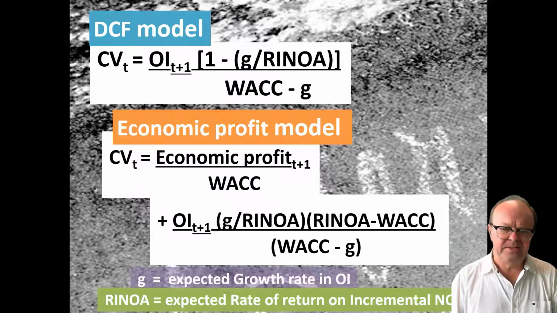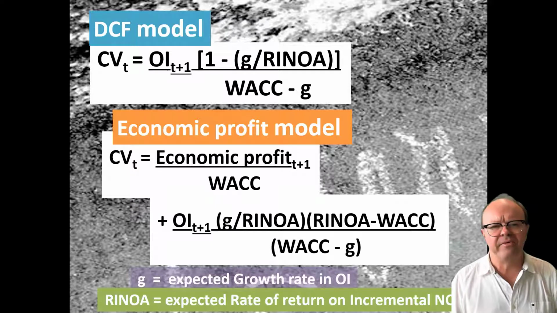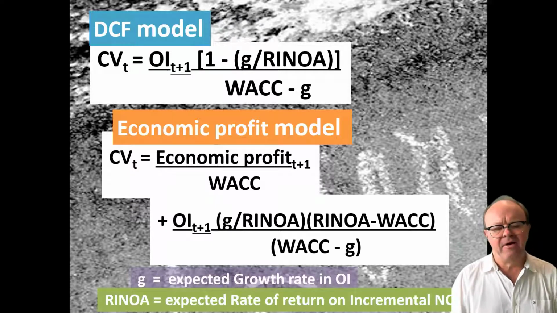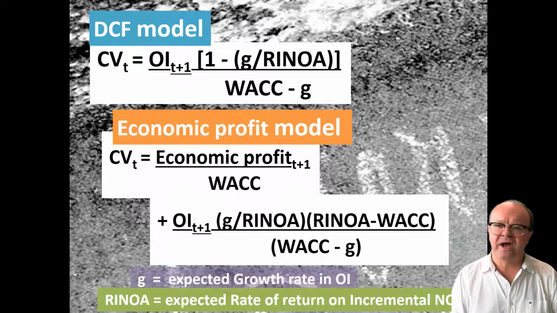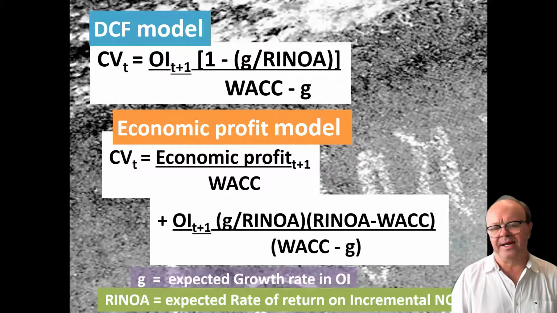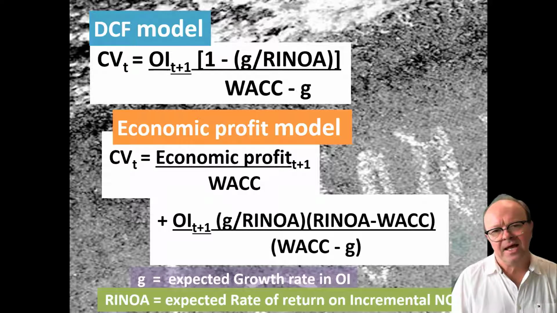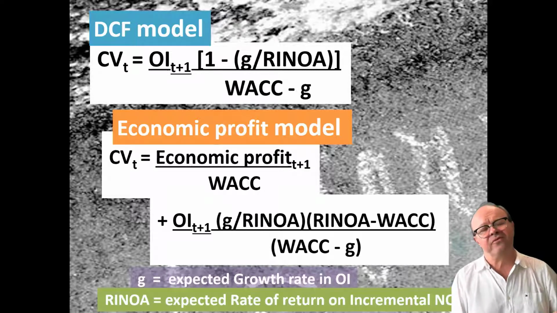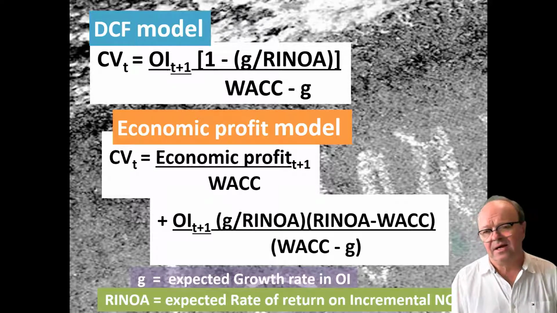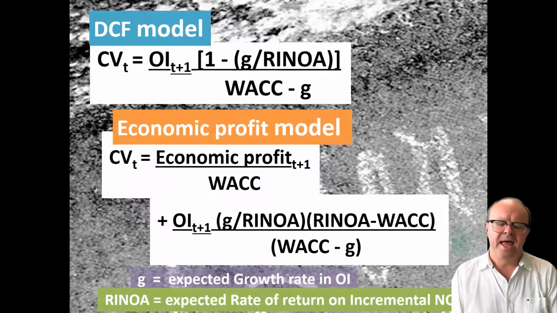Now, in those formulas, these are perpetuities. G equals the expected growth rate in operating income. And RINOA is the expected rate of return on incremental net operating assets, which is the incremental or extra capital that our firm would need to invest after the forecast horizon.